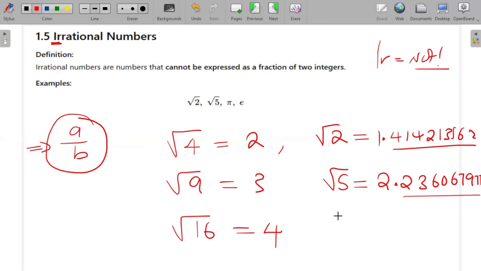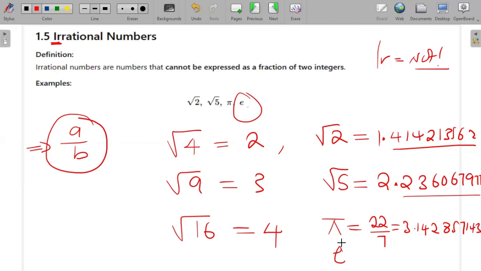All right, another example is pi. I know you are used to 22 over 7. When you do 22 over 7 on your calculator, you're going to get 3.14. This is what most of you were using. But this number actually continues, 2857143 and so on. So it's an irrational number. Even E is also an irrational number.